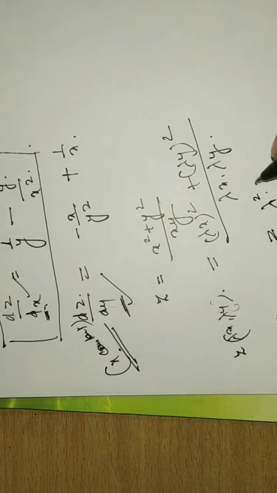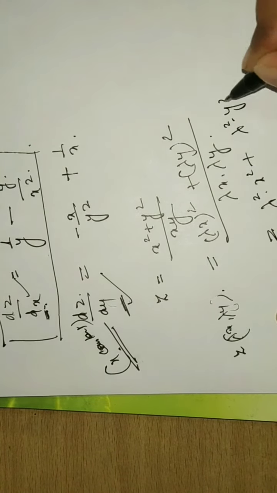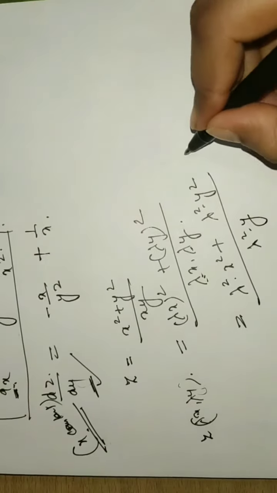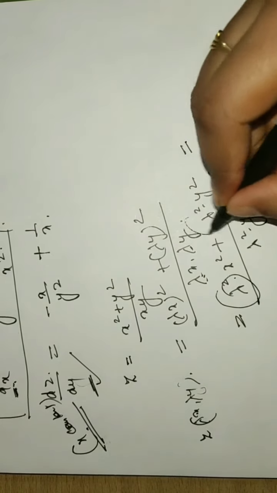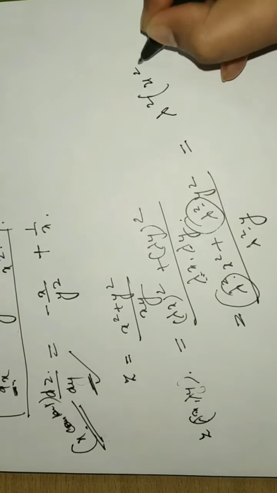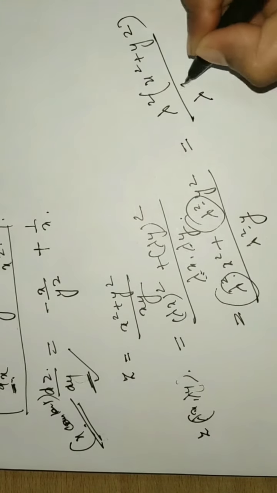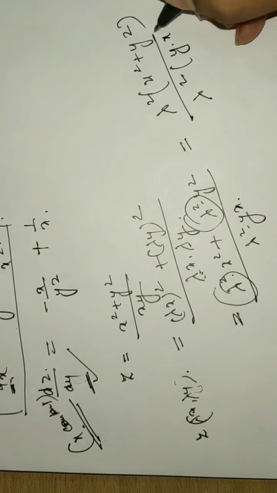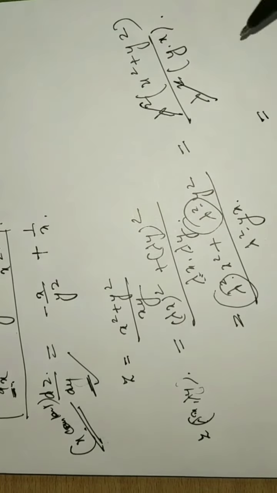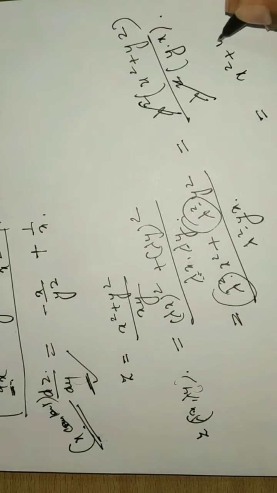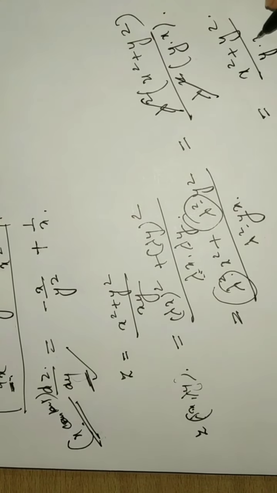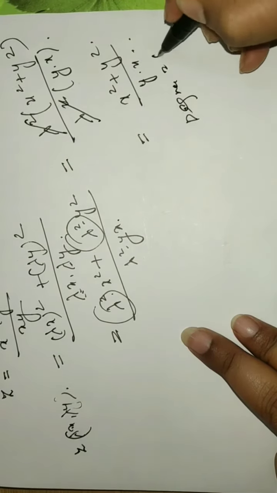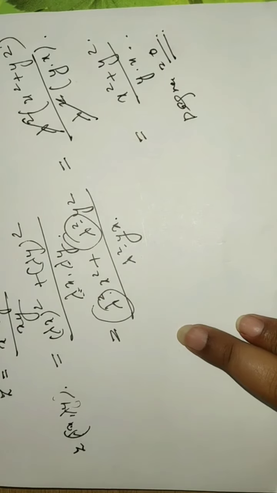You open the brackets: lambda square x square plus lambda square y square by lambda square x y. Take out the common lambda square, and cancel it. You are left with just the function but no lambda, so the degree is 0.